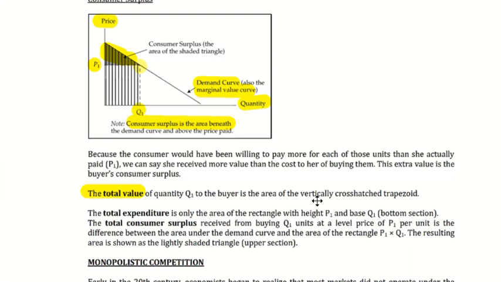The total value of Q1, we've shown you that. Total expenditure is the area of our rectangle, which goes up to P1 and across to Q1. The total consumer surplus we've spoken about already.